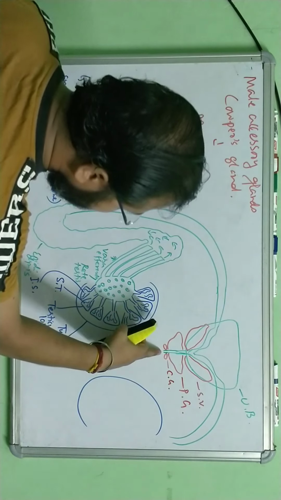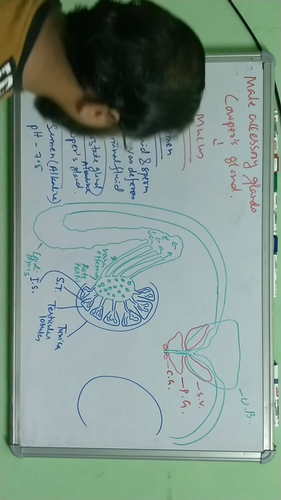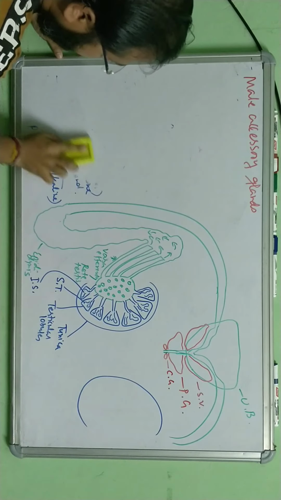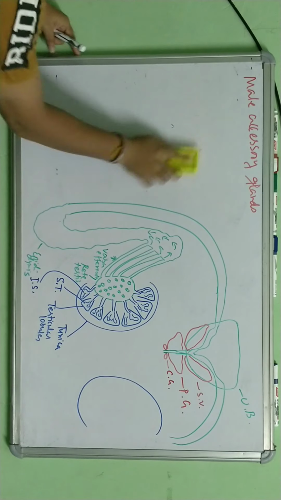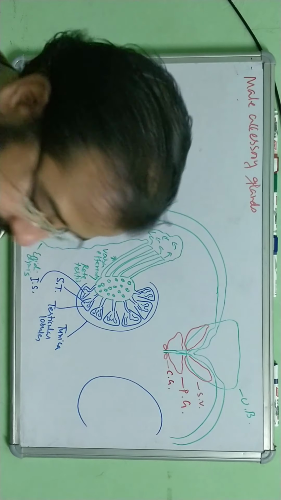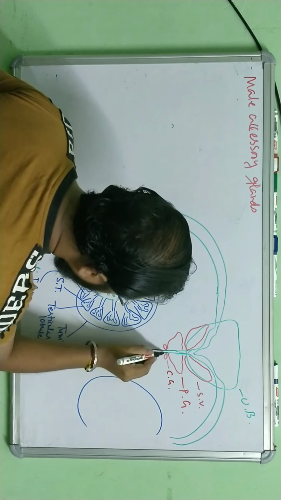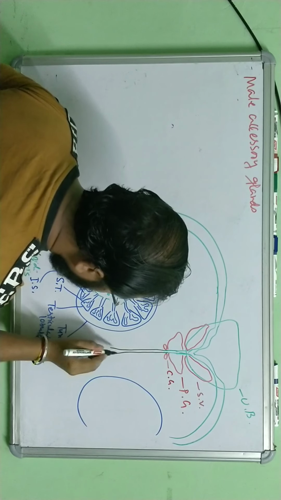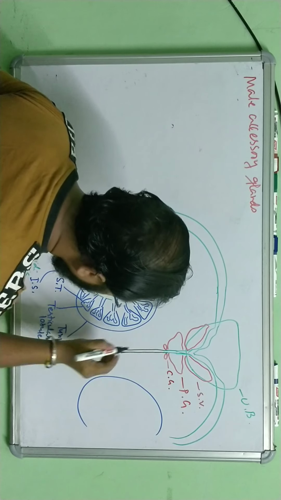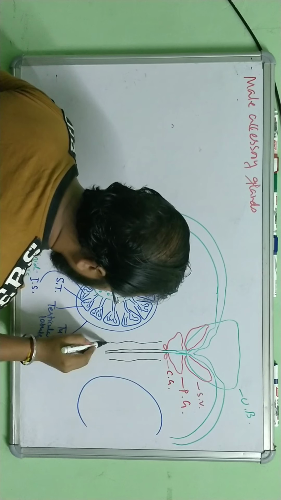So by the time it reaches the Cowper's gland, the semen is already formed. Now the small part left is the urethra. The urethra starts from here. From where the urethra starts here, the external genitalia starts with this.